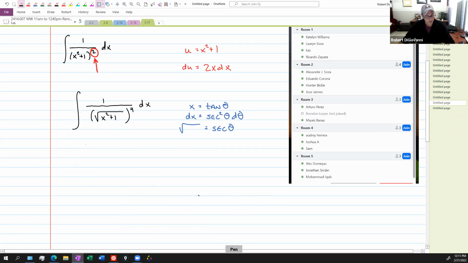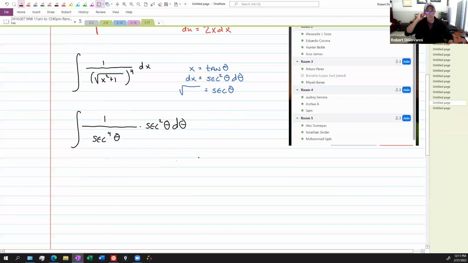Okay, so I'm back here. So this integral now becomes, let's see, 1 over, okay, the square root thing here is secant, right? And I'm going to have it to the 4th power. So secant to the 4th power theta. And then dx is secant squared theta, d theta. Y'all follow it? That's going to turn out to be 1 over secant squared, isn't it?